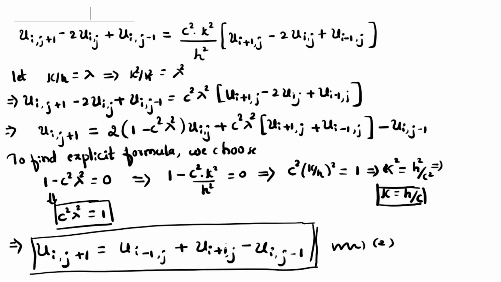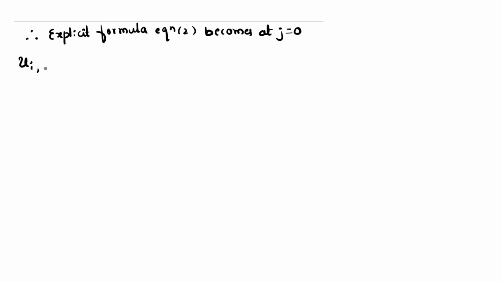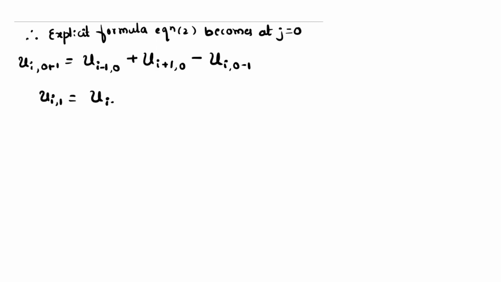When you put j as 0, u(i, 0+1) equals u(i−1, 0) plus u(i+1, 0) minus u(i, 0−1). That is, u(i, 1) is equal to u(i−1, 0) plus u(i+1, 0) minus u(i, −1).